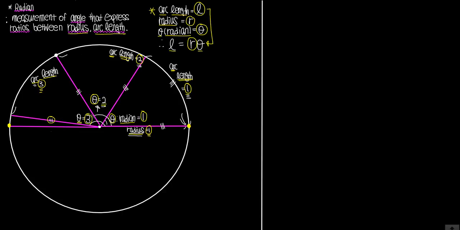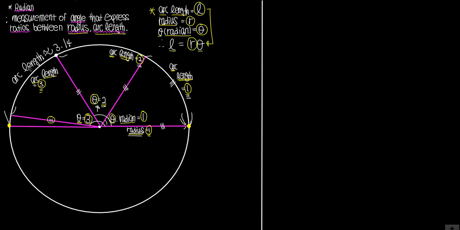The sector turned into a semicircle. If you want to measure the total arc length from here all the way to here, we could write the arc length as approximately 3.14.